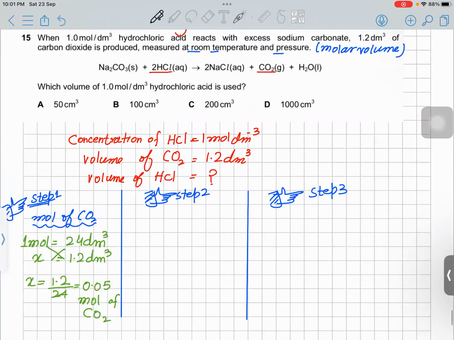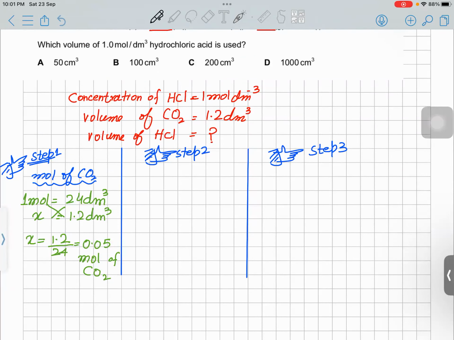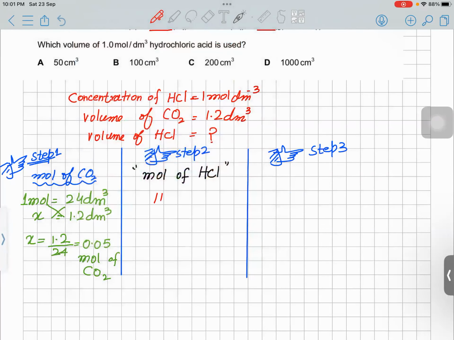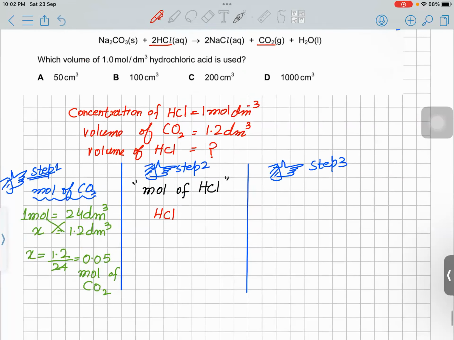Now step 2. This is for volume? Yes, this is for the volume. Now mole of HCl. Here we have HCl, here we have carbon dioxide. Can you tell me the ratio between carbon dioxide and HCl? 2:1. Yes, here we have 2, here we have 1.